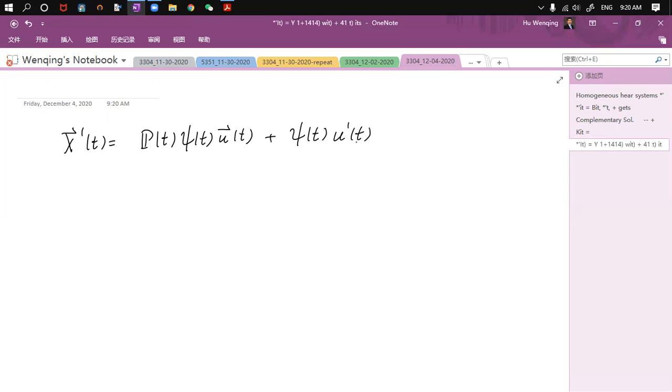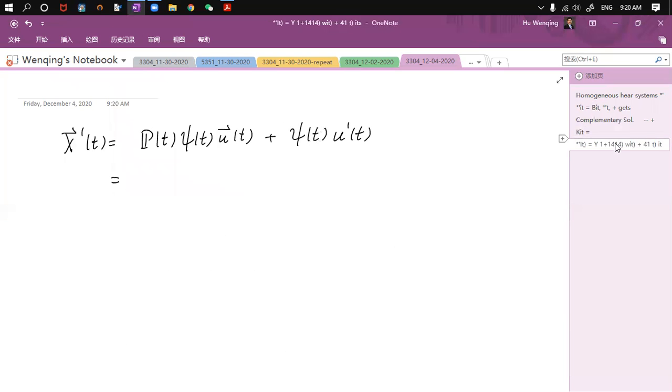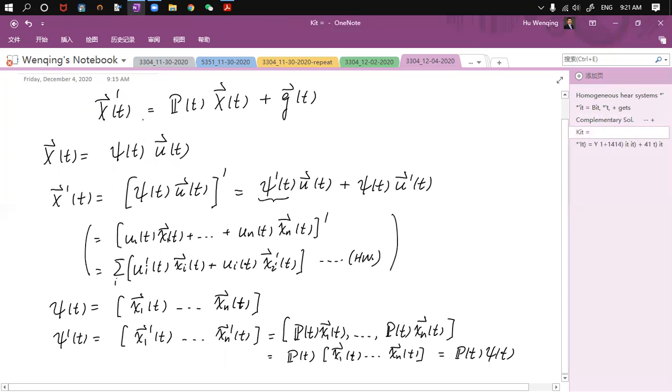Is that good, family? Okay, so that's x prime of t, and we would like x prime of t to be equal to p(t) x(t) plus g(t). That's what we want to have. That's our goal. So this x prime of t is the particular solution that you're looking for to the non-homogeneous equation, so it must satisfy this equation.